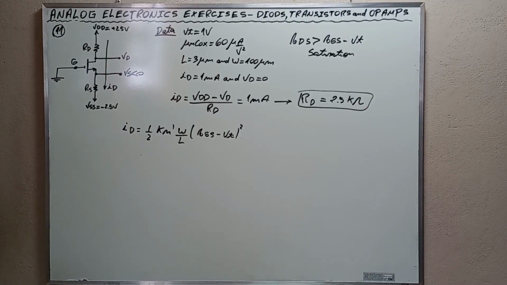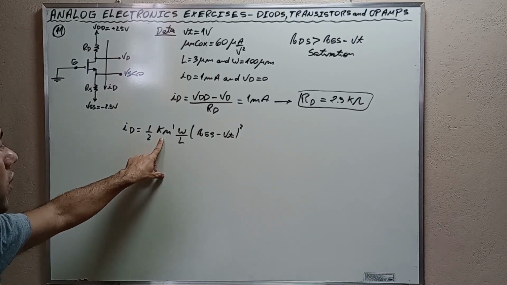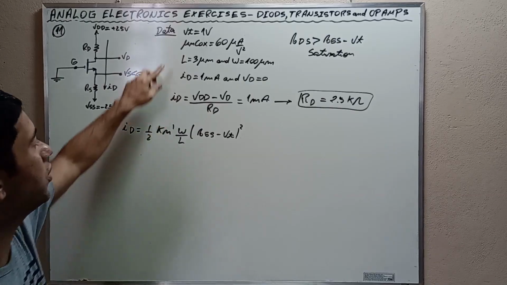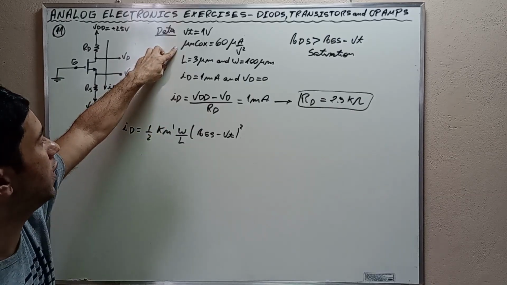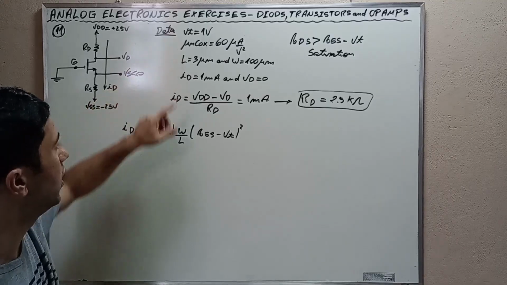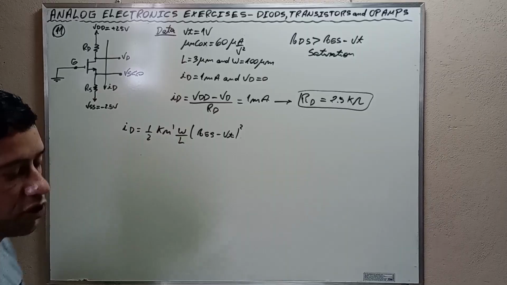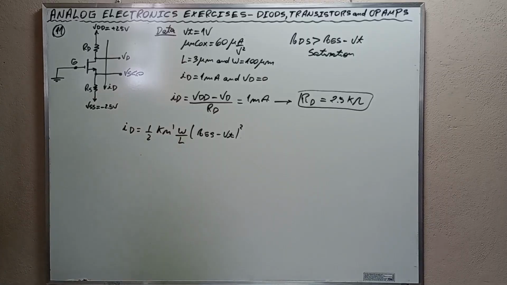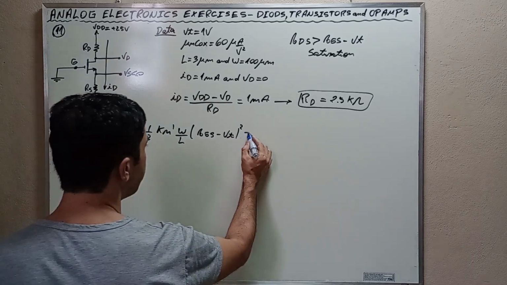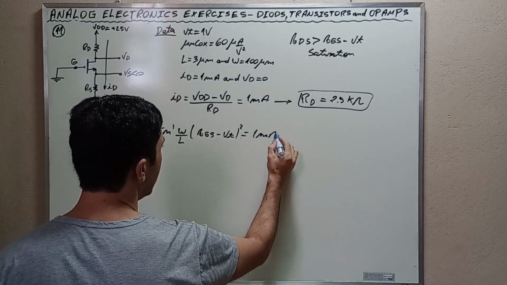We need to just substitute the values. Kn prime is equal to mu n COX, W is this, L is this, just using the values, and we have to equal this to 1 milliamp.